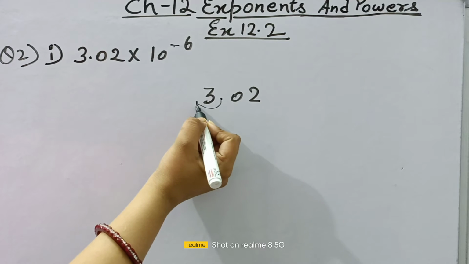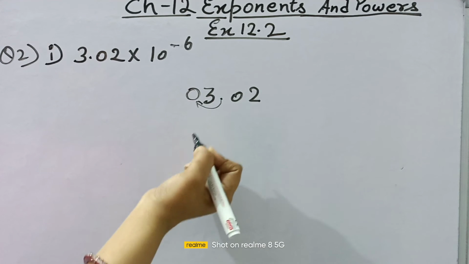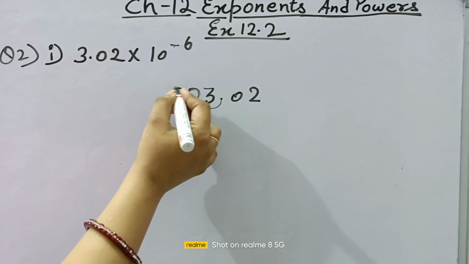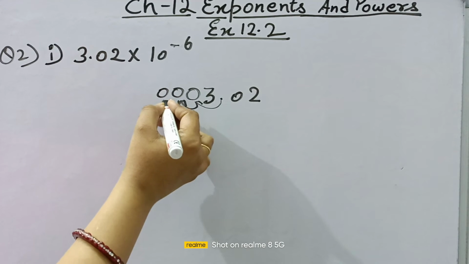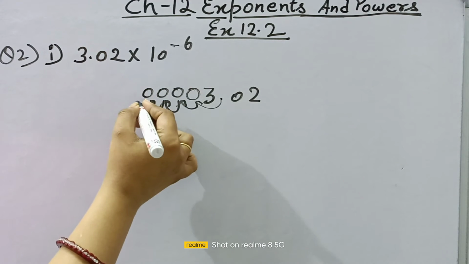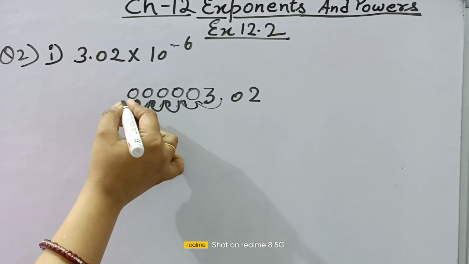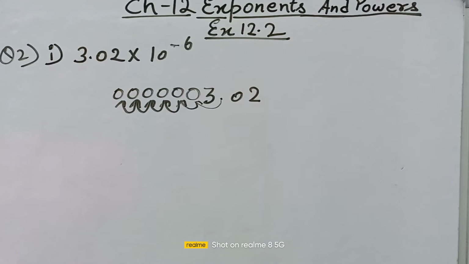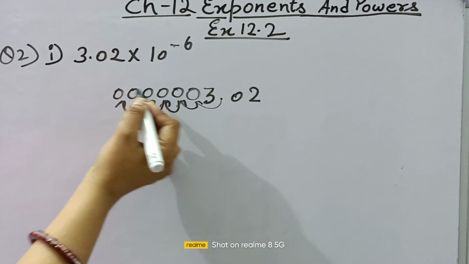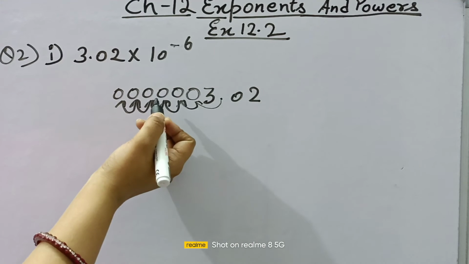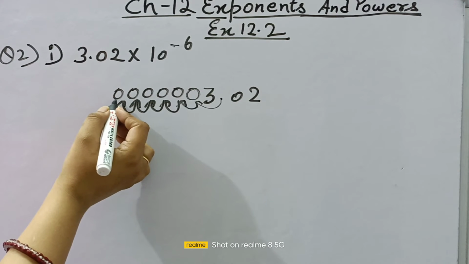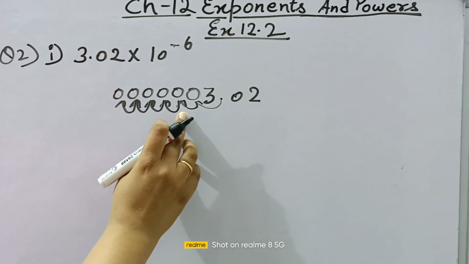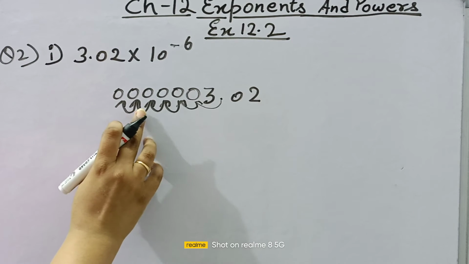This will come here for the first time, so here it will become 0. Then second, third, fourth, fifth, sixth. For every shifting of the decimal, you will write 0 before 3. Now this has been shifted 6 times: 1, 2, 3, 4, 5, 6.